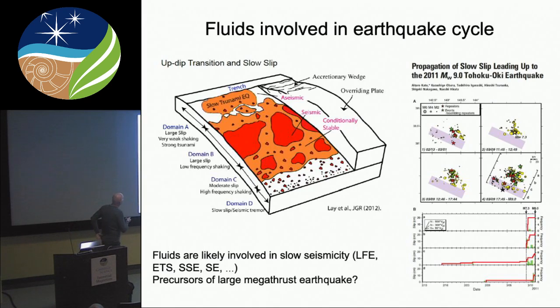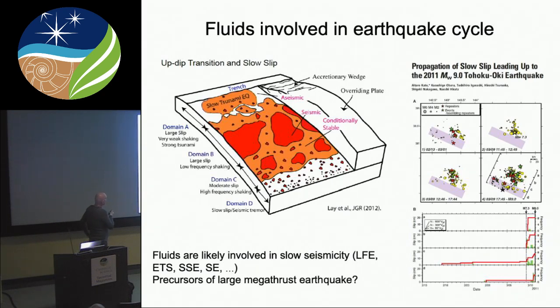Another motivation is that fluids and formation of hydrous minerals are involved in the earthquake cycle. So I just show here this picture from this paper by Ruff and co-workers, where they distinguish several domains along the subducting plate.